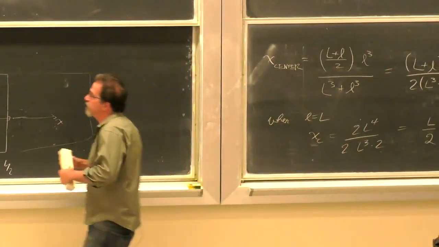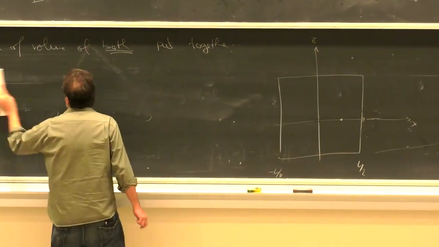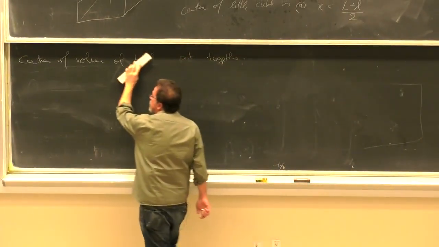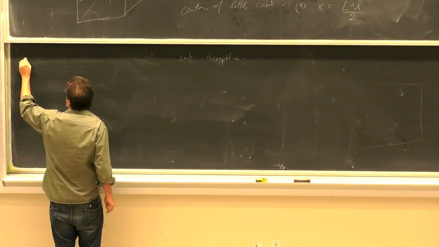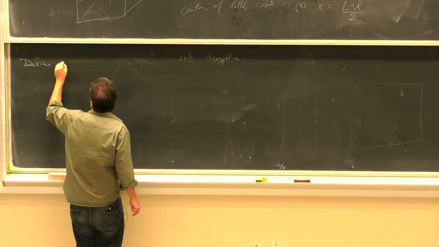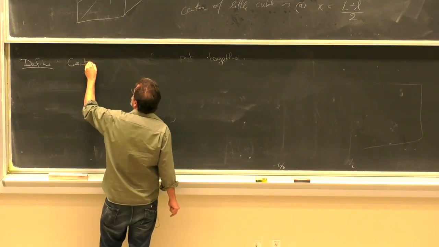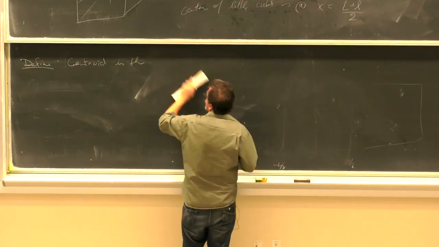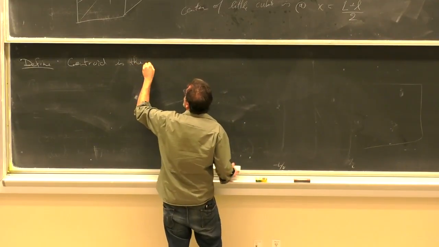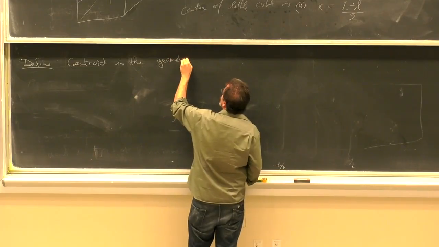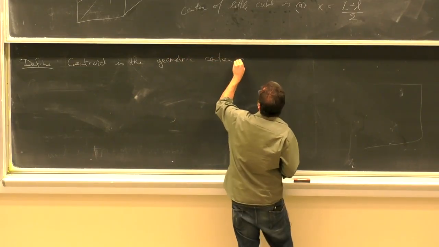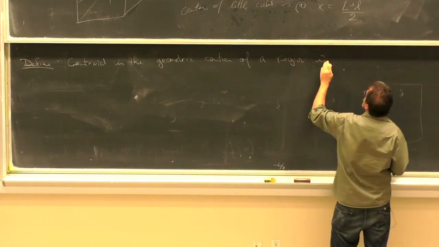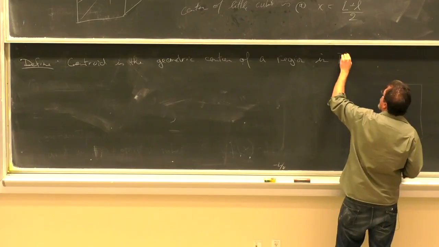So define: the centroid is the geometric center of a region in Rn, in any dimensional space.